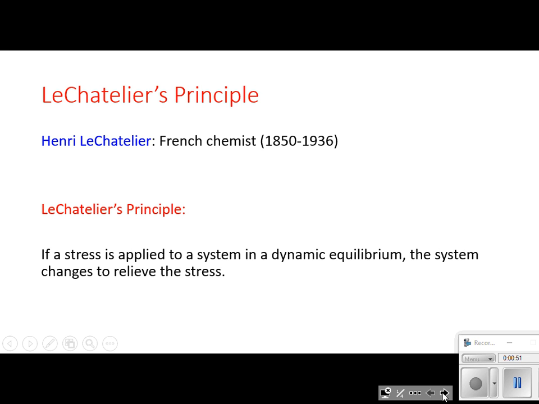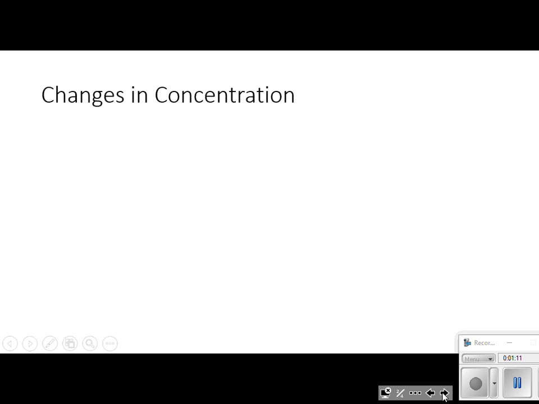So if I have an equation, it is at chemical equilibrium, it's a reversible reaction, and I do something to it, Le Chatelier says that that system will adjust to make up for that stress. So, what he said was that certain things are the stressors, one of which is concentration.